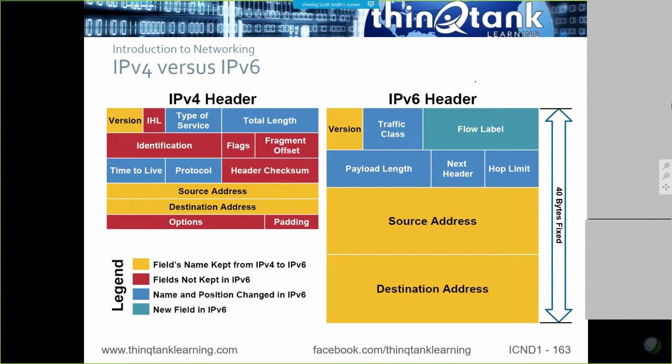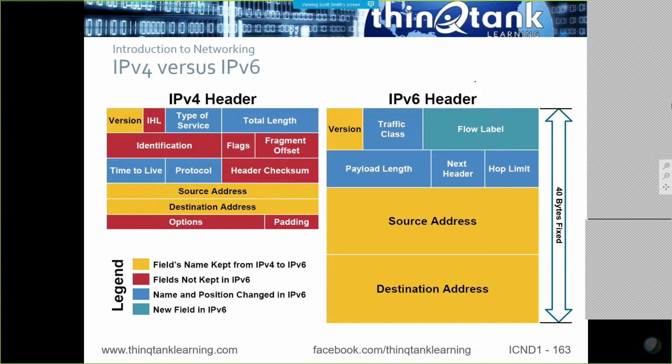The yellow, orangish fields, whatever, these are the fields that remain the same. Destination address, source address, version field. And then the navy blue fields, those are the same, but they were just renamed. So traffic class was type of service, so that's used for QoS. Payload length was total length.